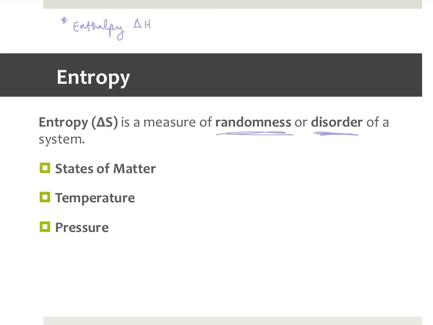And there are a variety of factors to entropy. And let's focus on the states of matter. Gas, liquid, and then solid. Going here from solid to gas, you're increasing entropy.